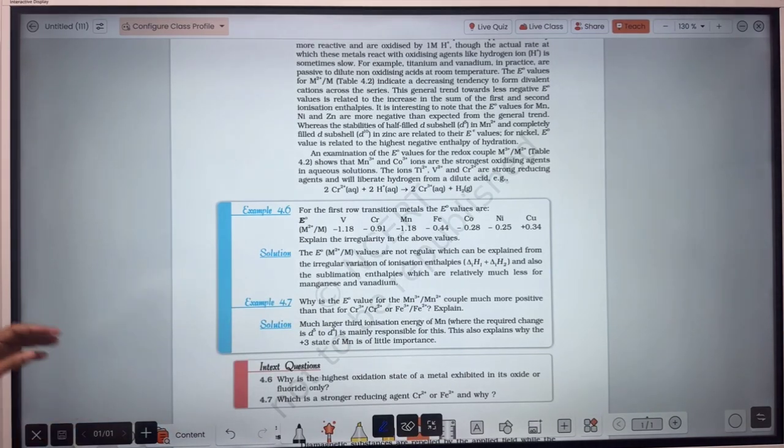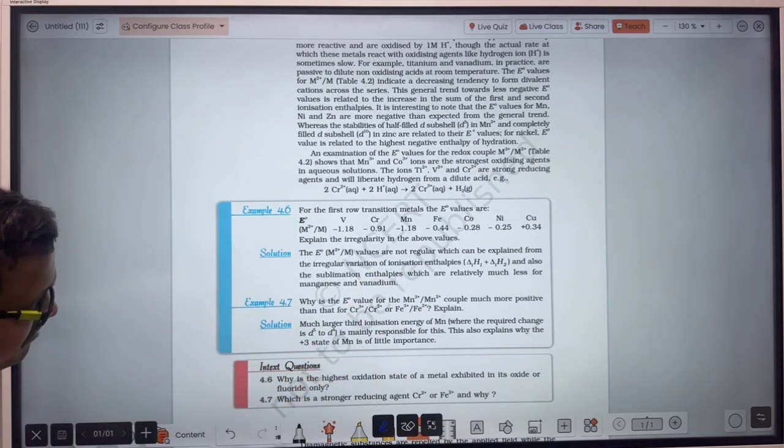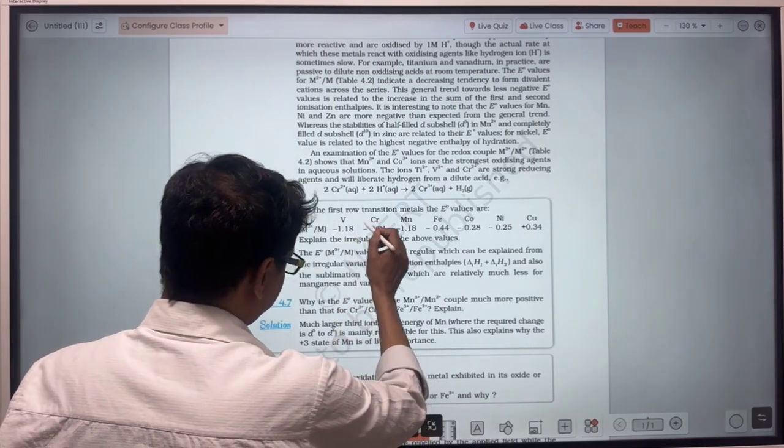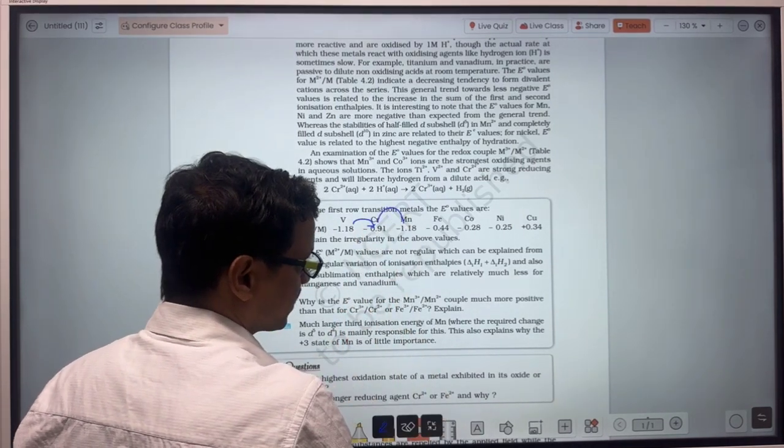Listen here, for the first 4 transition metals, the standard electrode potential value has been given. Then watch out, the question is: explain the irregularities in the above values. So what are the irregularities here? Here the standard electrode potential has become less negative, then again became more negative.